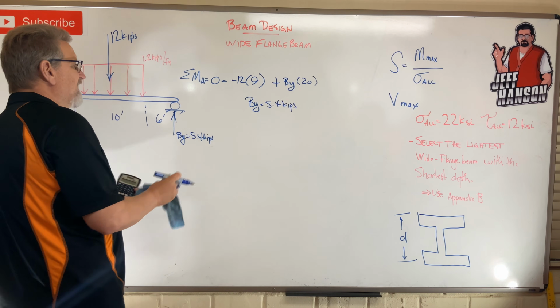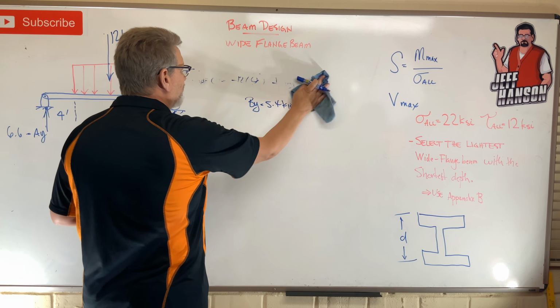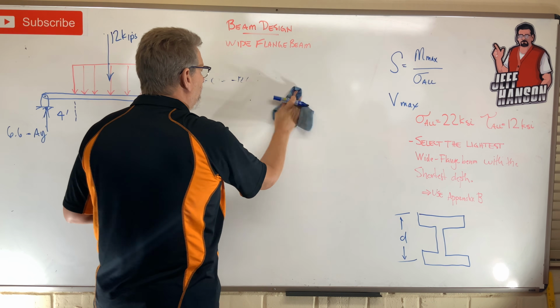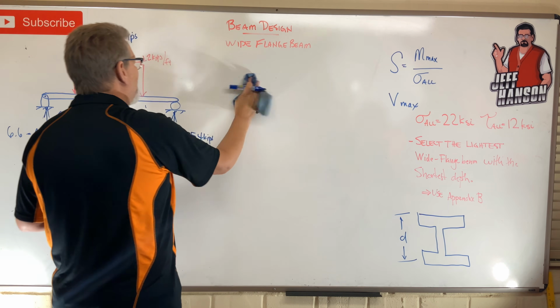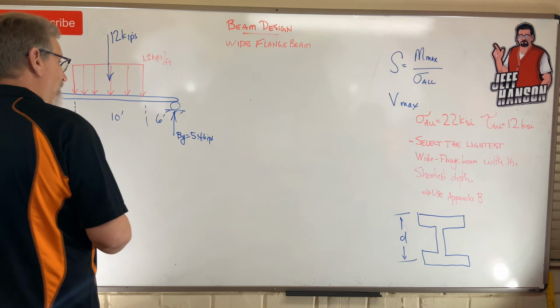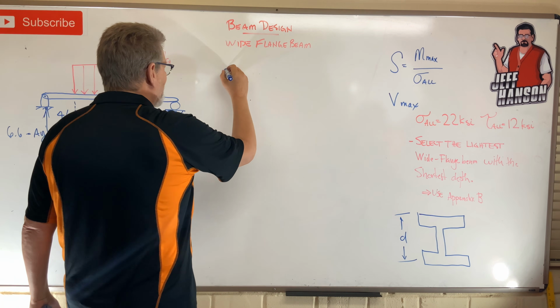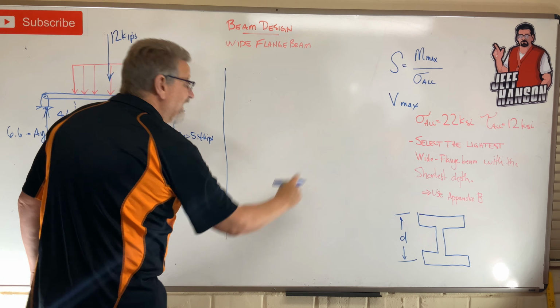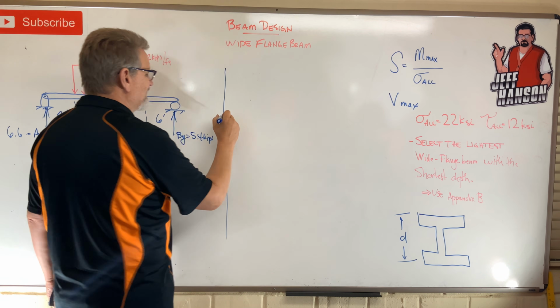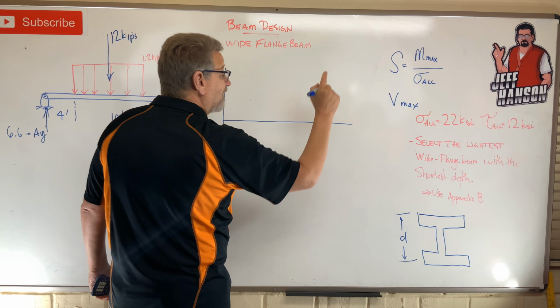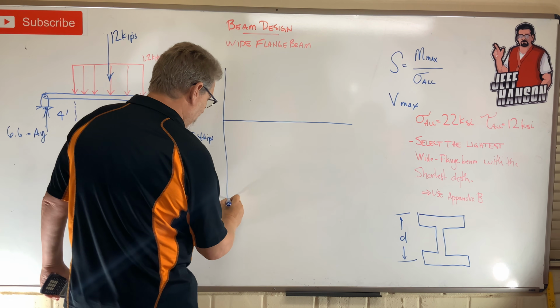Okay, now, let's see if we can draw ourselves a little shear moment diagram, and we'll find out where the biggest V is and where the biggest M is, okay? So here we go.